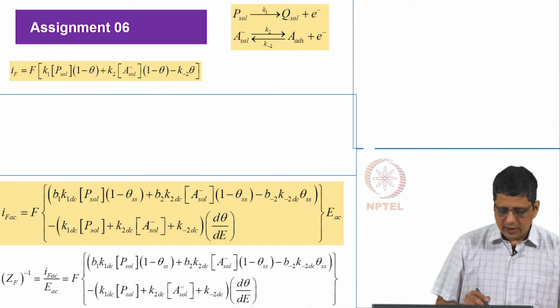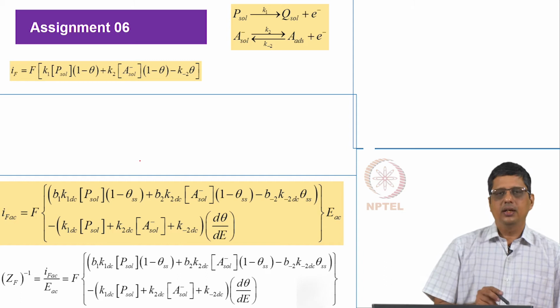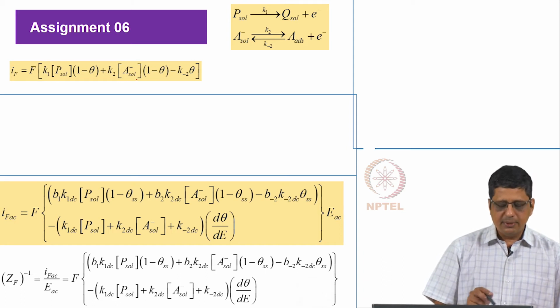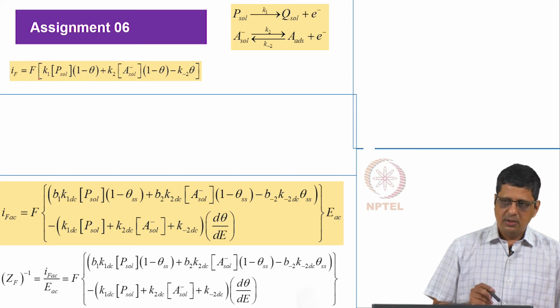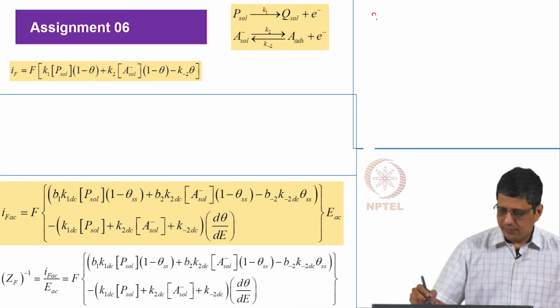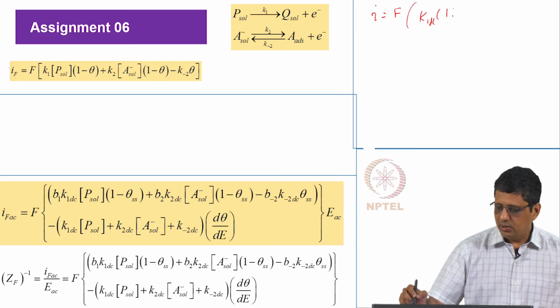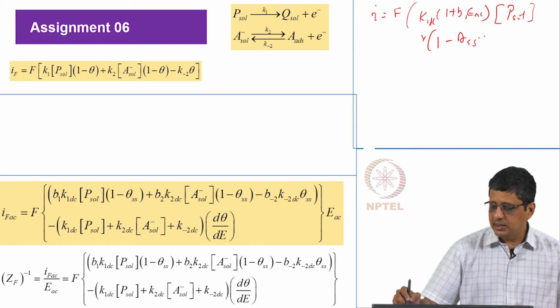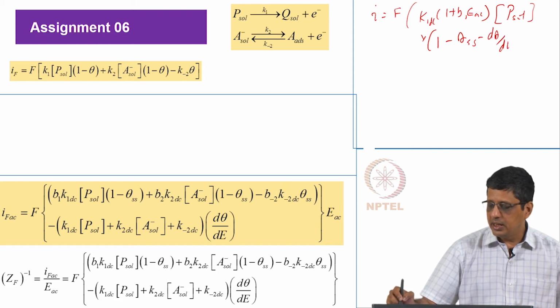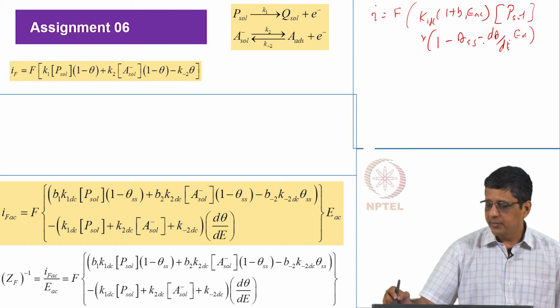After getting the value of d theta by dE, we have to take the current equation and expand that in Taylor series. When you expand that in Taylor series, you are going to get K1 dC 1 plus B1 EAC, concentration of P in solution remains a constant, or at least that is our assumption, multiplied by 1 minus theta SS minus d theta by dE EAC.